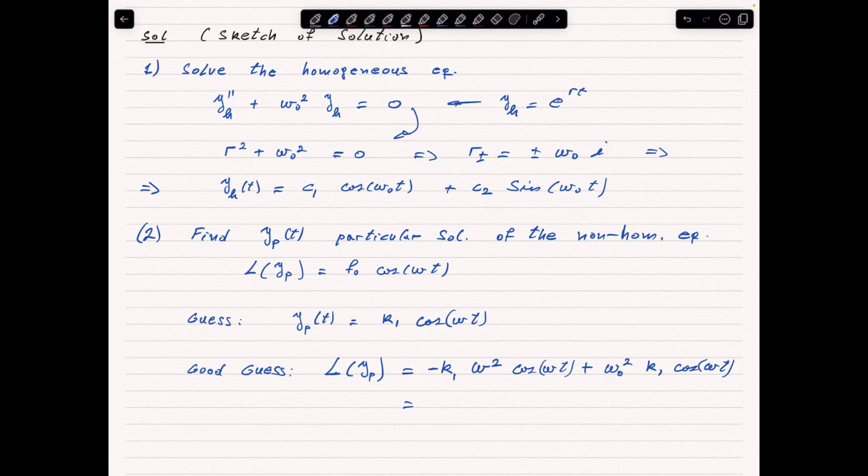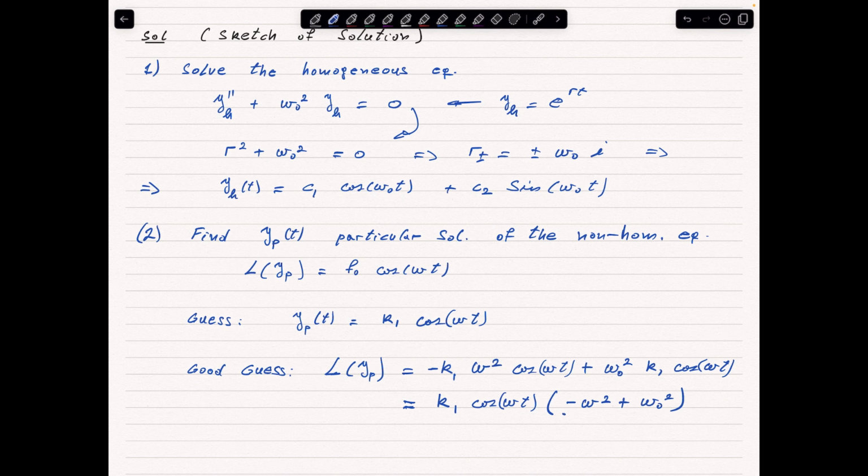In this calculation we can pull common factor k1, and cosine of omega t, and then we have everything multiplied by minus the driving frequency square plus the natural frequency square.